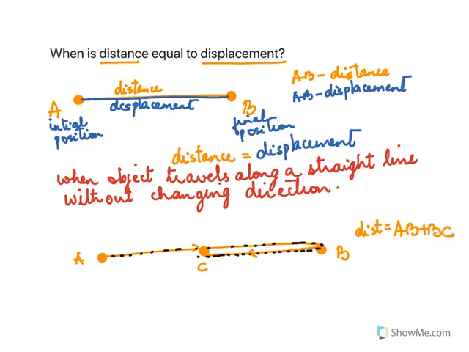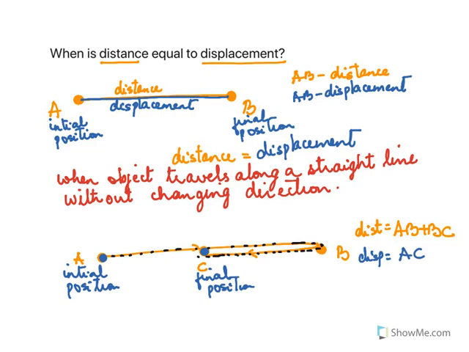What will be its displacement? To know its displacement, I must know its initial position and final position. So A was its initial position and C was its final position. So what is the displacement here?